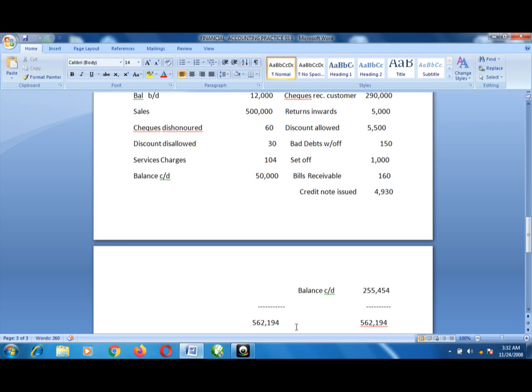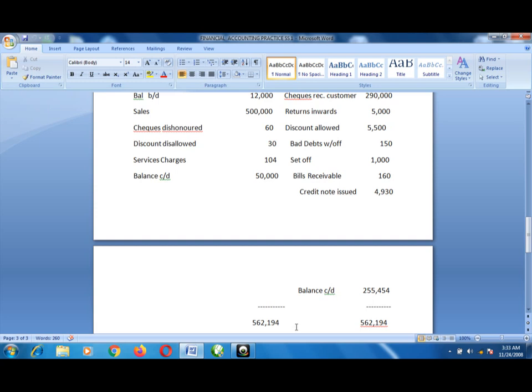Because we call it a closed balance, this particular figure is supposed to act as a balance carried down. If you are given the closed balance and it is DR, which is debit, you need to transfer it to the credit side of the debtors control account as the closing balance. And if you are given CR, which is credit, you need to transfer it where it is supposed to act as a balance carried down on the debit side of the particular control account.